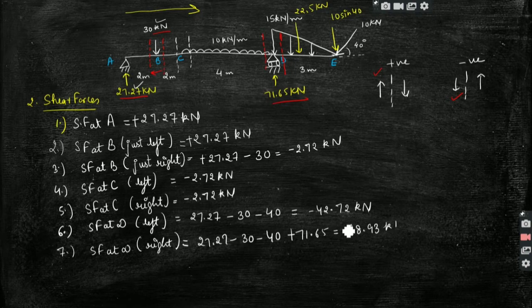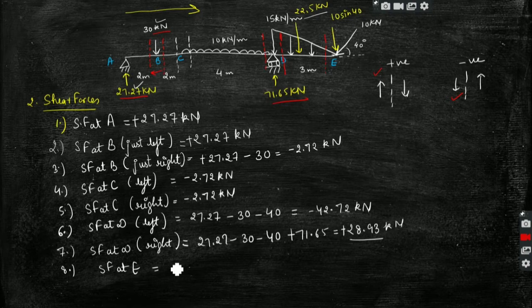Then we will calculate the shear force at point E. Okay, so we will take this section here and look on the left hand side. What we will see is all the previous forces plus this UVL of 22.5 kilonewton acting now. So the shear force at E will be the summation of all the previous forces. Either you can write again all these values, but now I am writing only this cumulative value up to point D. There is no difference.